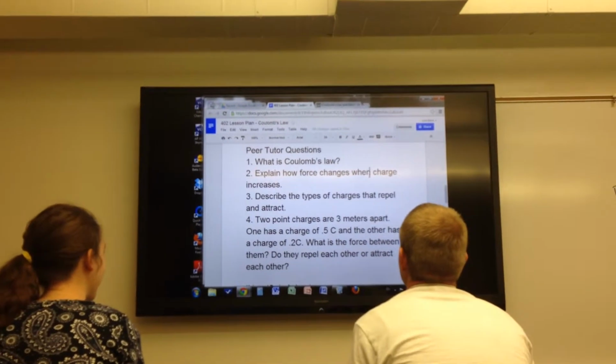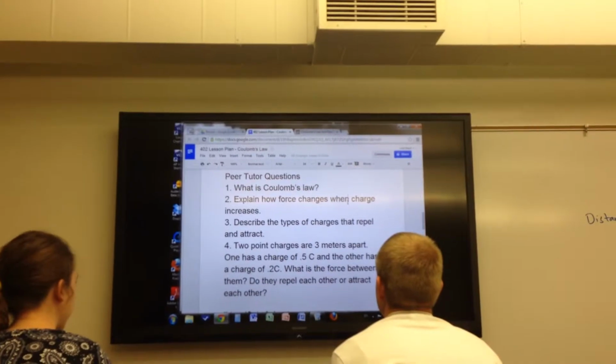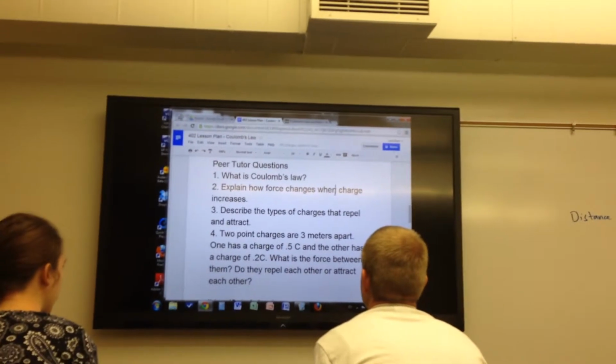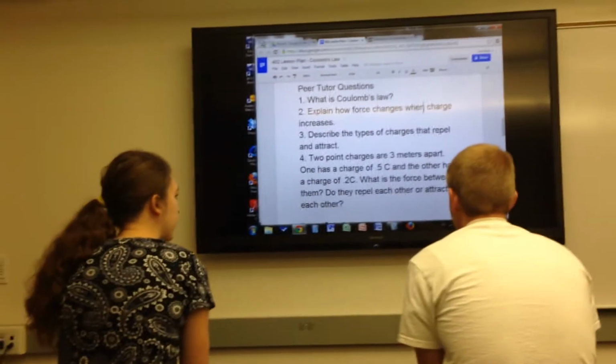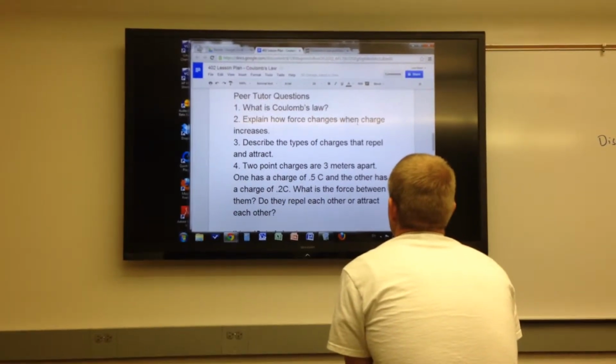Two point charges are 3 meters apart, with charges 0.5 and 0.2. I'm going to need paper for that. What is the force? We can do it on the whiteboard.